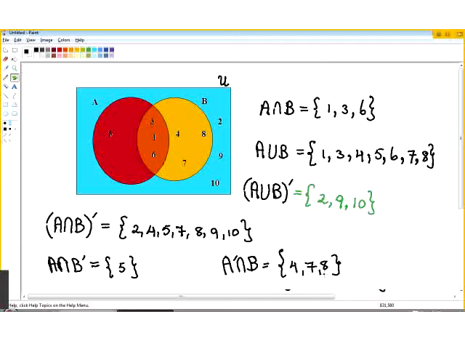Outside of A and inside of B at the same time, 4, 7, and 8. Everybody follow that? Okay, let's make sure everyone understands.